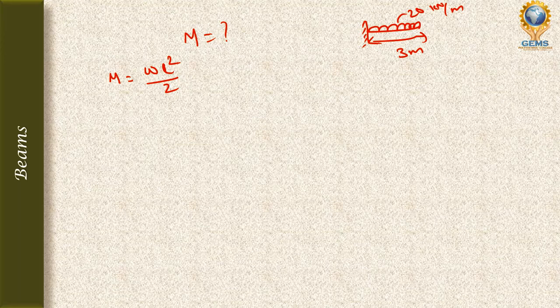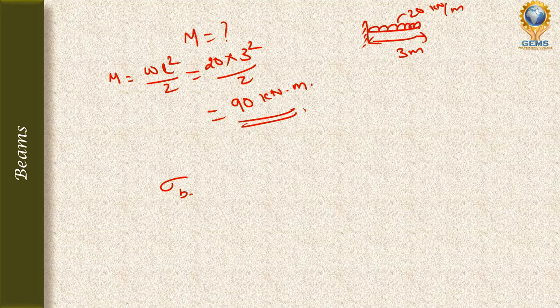So W is 20, L is 3 meter, square by 2. If you calculate, this comes as 90 kilonewton meter.